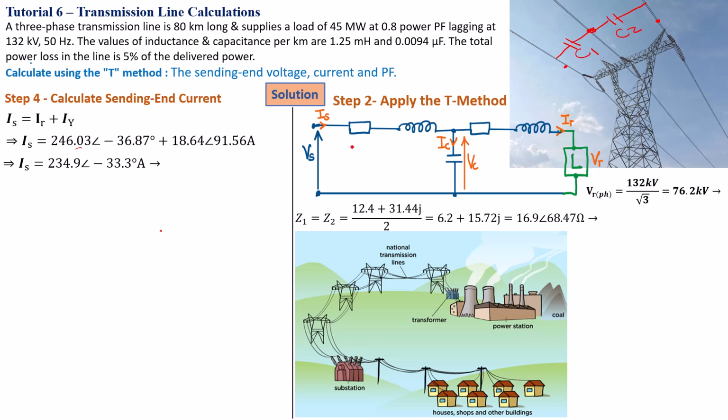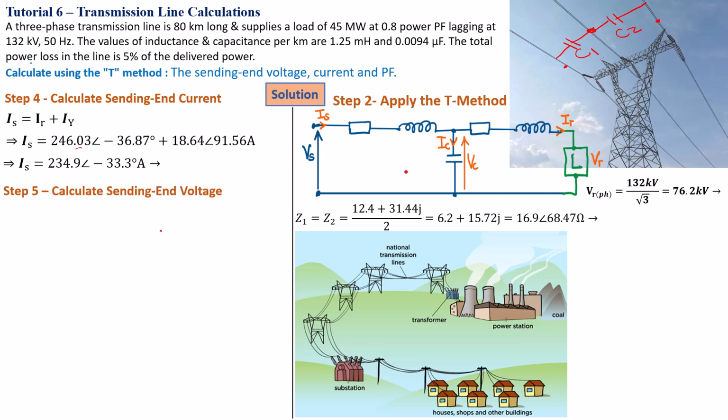We know that the voltage at the sending end is the voltage at the receiving end plus the voltage drop. Looking from the sending end here, we're not seeing the voltage at the receiving end; we're seeing this voltage here. So to find this voltage, we must just add this voltage plus this voltage, because this voltage already takes account of the voltage drop.